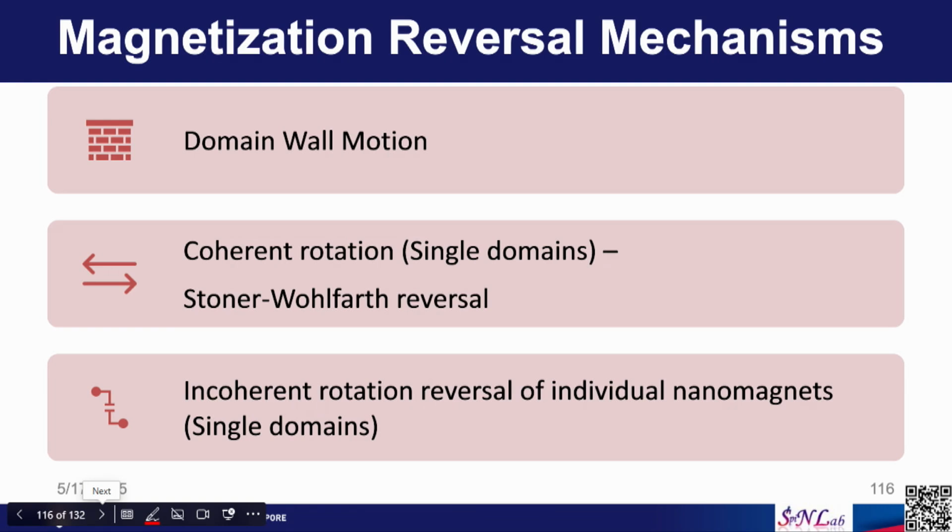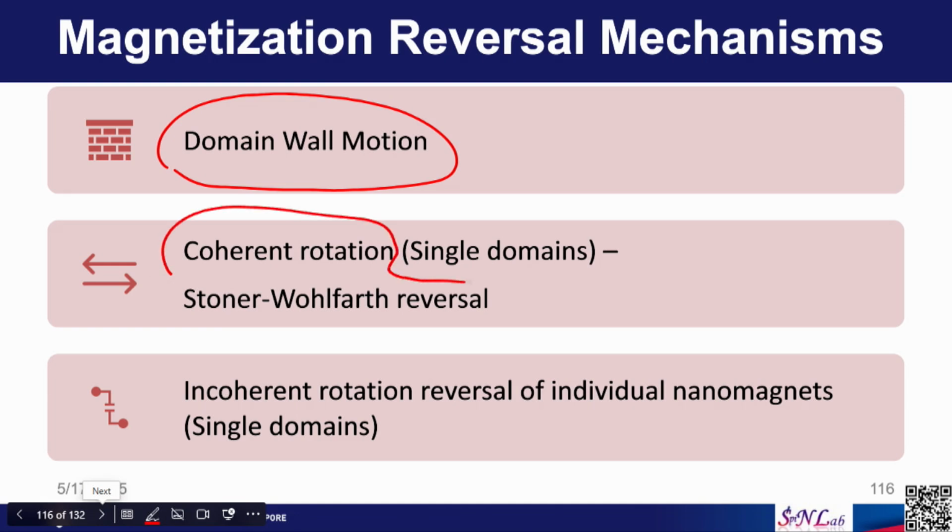One mechanism is called domain wall motion. Another type of reversal mechanism is called coherent rotation, which was proposed by Stoner and Wohlfarth, so it is also called the Stoner-Wohlfarth reversal mechanism.